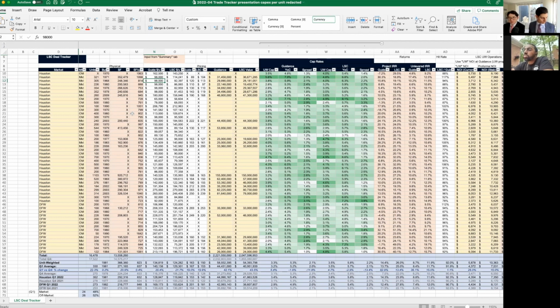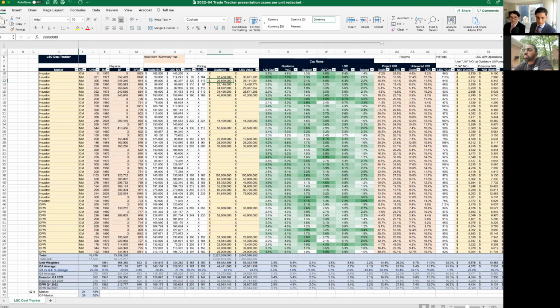So you've got the guidance price per door, and then our price per door, guidance price per square foot, our price per square foot, guidance price in dollars, our price in dollars, and then cap rates, valuation metrics at those prices as well. And then IRRs at those prices for the guidance price and our price.